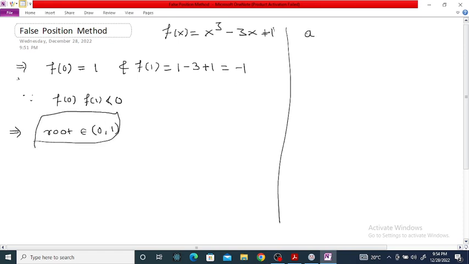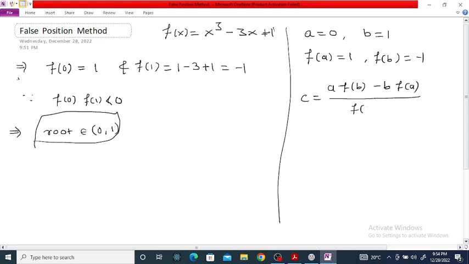In the next step, we consider a = 0, b = 1, then f(a) = 1 and f(b) = −1, and c = (a f(b) − b f(a)) / (f(b) − f(a)).